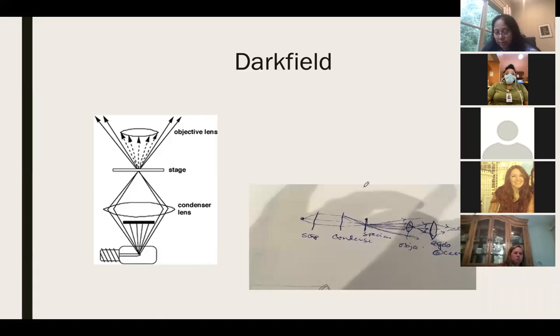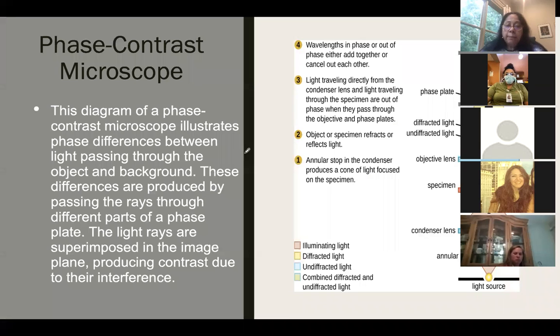I already talked about it. Phase contrast, almost like dark field microscopy. Okay, over here we have two positions where we block the light. One is just before the condenser, just like dark field microscopy, but in this case we block this area with an annular ring.